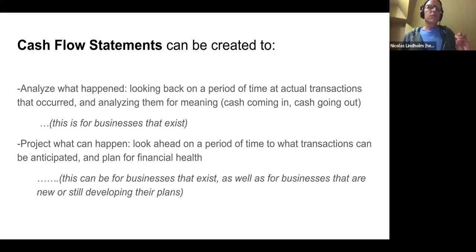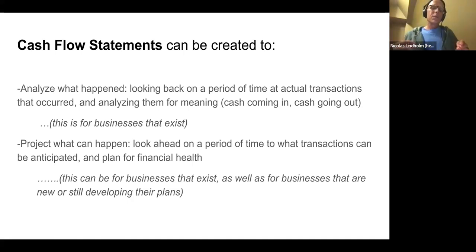In one instance, for a business that exists, a cash flow statement can be used to analyze what happened. Similar to an income statement, you can do a cash flow looking back, the actual way money came in and money went out. The thing we really touched on in last week's session on cash flow projections was the second part, for businesses that exist, but also new businesses.